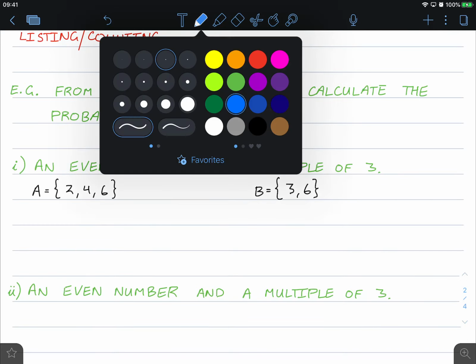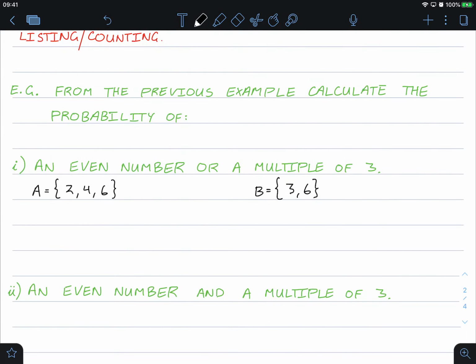Let's do this first. When it says OR, we're going to make a new list as A or B. We're going to list all the numbers without counting any number twice. So take a look: 2, 3, 4, and 6. But since we've already counted 6 in this group, we don't count it again here.